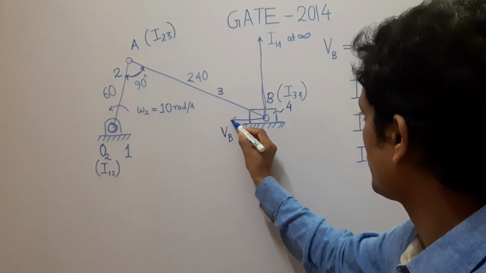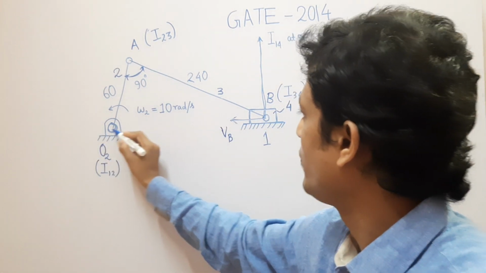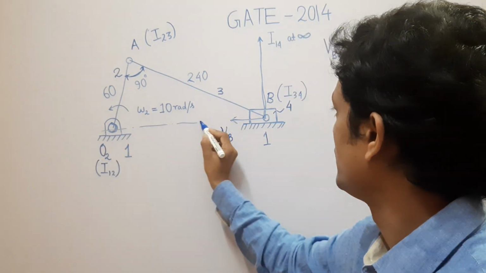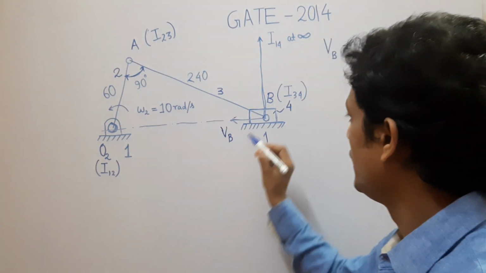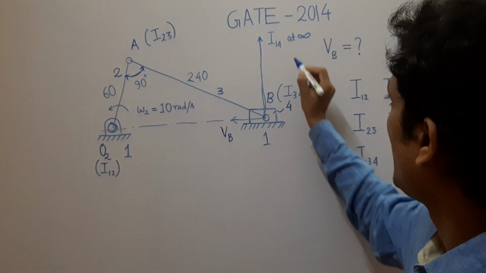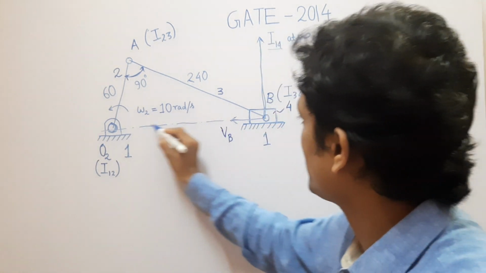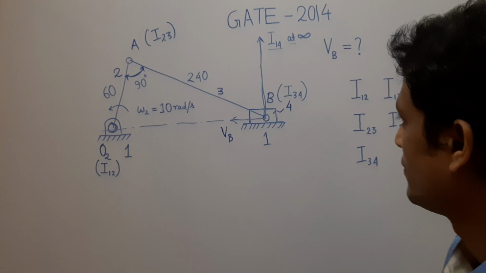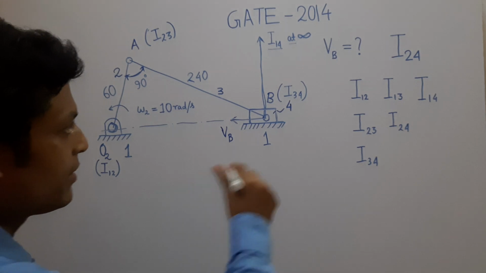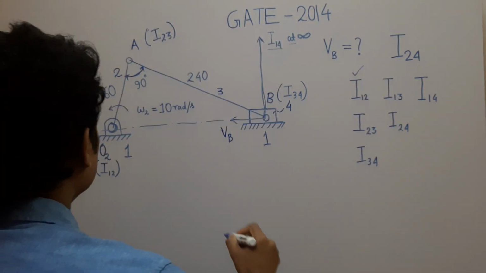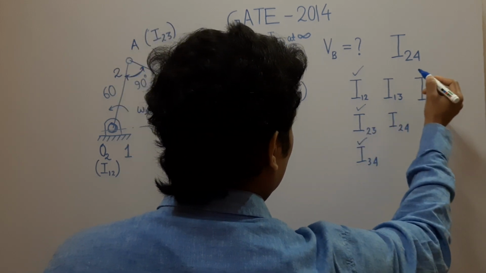What is the direction of motion of the slider? That is along O2B. This is the sliding path. The slider is constrained to move along this path only, and I14 lies on a line perpendicular to this line, that is the axis of the slider, at infinity, because 4 has pure translation. So we have located I12, I23, I34 and I14.